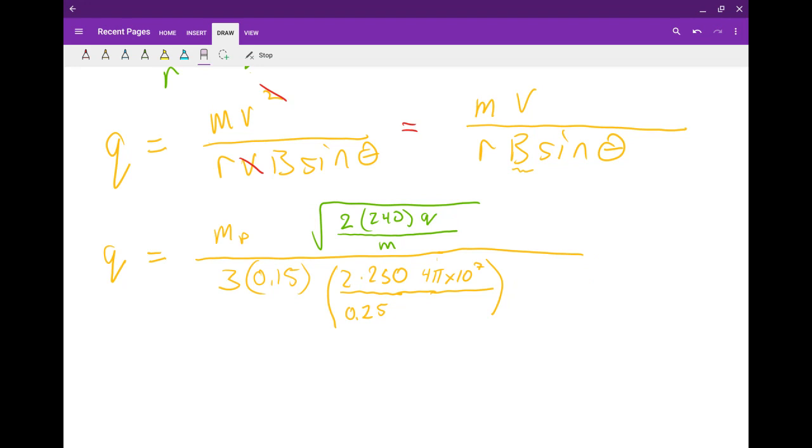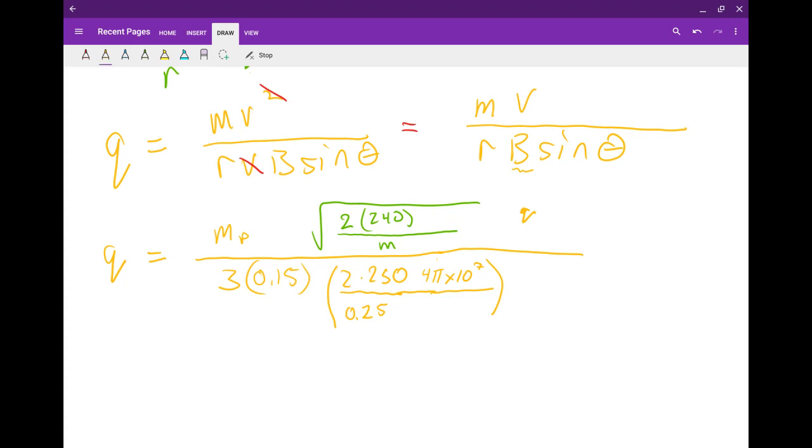And now I'm going to try and get this Q isolated here. What I'm going to do is pull this Q out of here, and I'm going to write it as a square root of Q, all right, right there. And then I'm going to go ahead and divide it over like this.